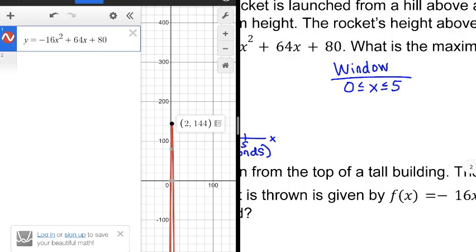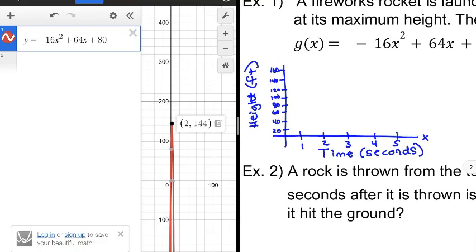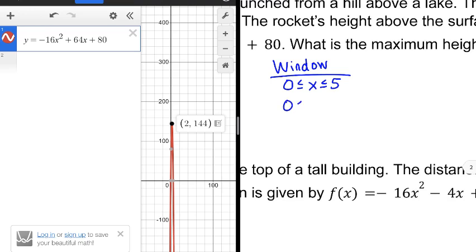Remember doing that? We're just setting up what values are important to this situation. And then our y values. What's our lowest y value that we'd want? We'd want the bottom, but we don't really want any negatives because we're talking about height, right? So we're going to go 0 to what? What do you think would be a good number? It goes up to 144, right? So let's do 150.